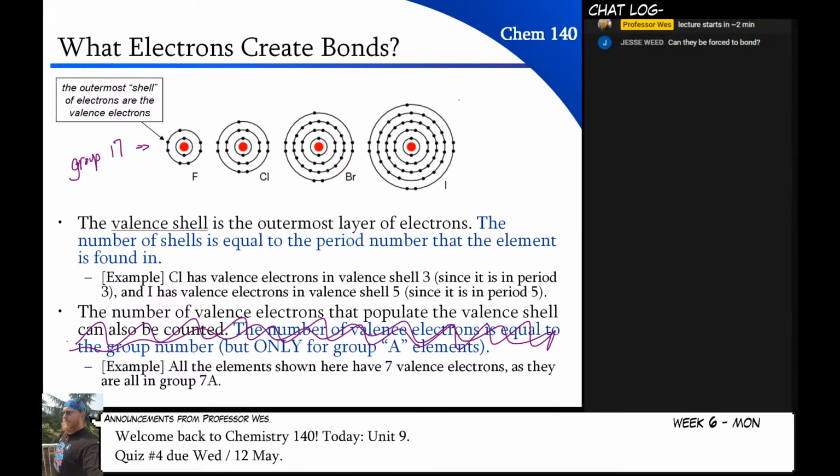What we're going to do instead is look at the ones digit of the group for your element. And that's going to be equal to the number of valence electrons.